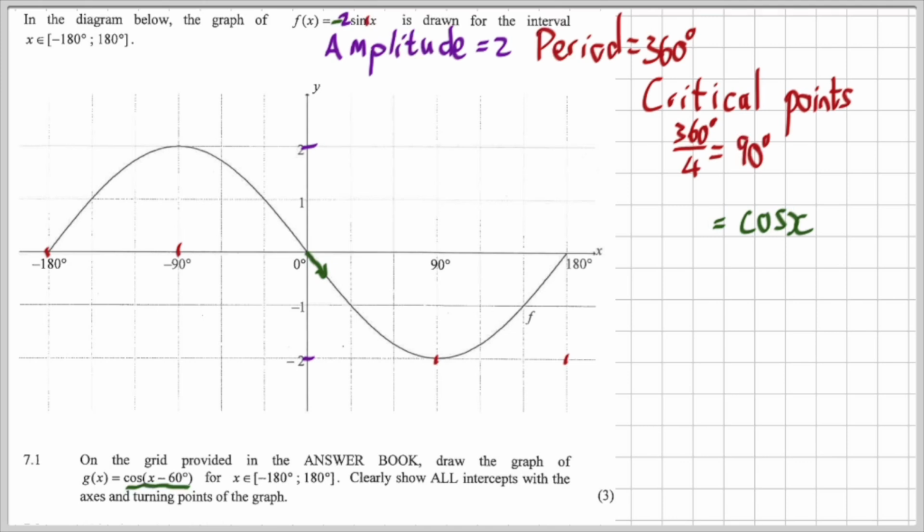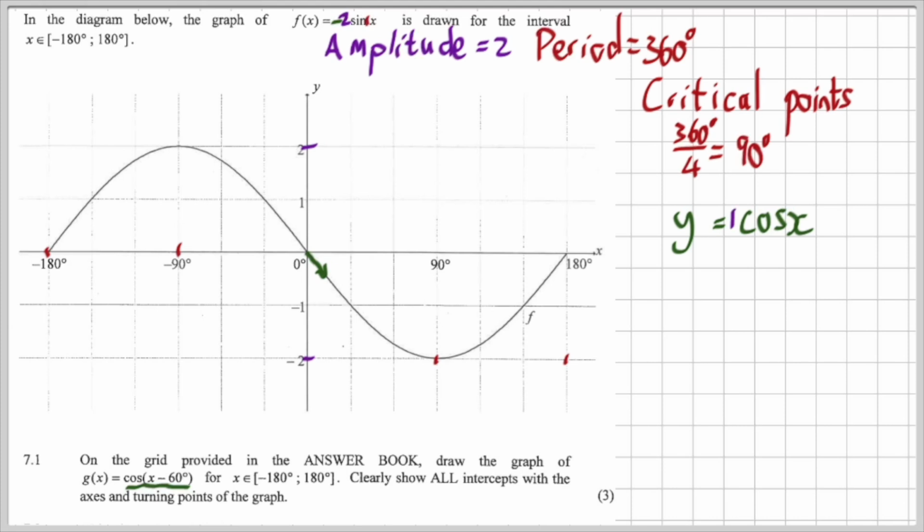Okay, let me just get my green pen out here. Y equals to that. So I'm going to always, when moving left and right, ladies and gents, I always look at starting with the original, y equal to cos x.